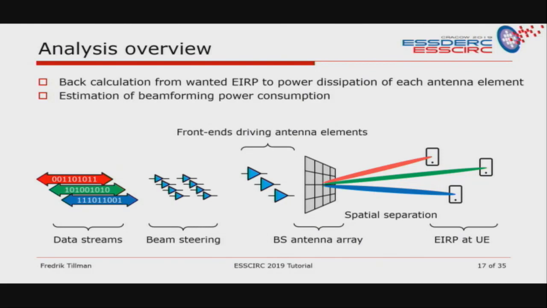And then we have a wanted EIRP at the user. The EIRP is the effective isotropic radiated power. That's usually how we specify the wanted radiated power we get from the system. So that is basically what the PA produces plus the antenna gain. Then you get the EIRP value, and that is what we will use in this study.